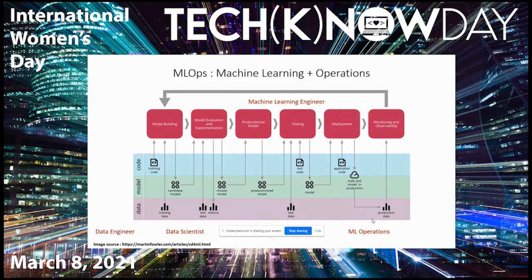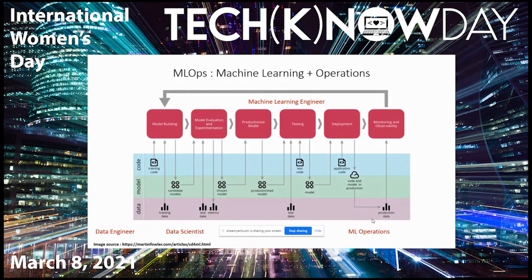If you see here, you have the artifacts, data, model, and code spanning across the different blocks of the entire MLOps pipeline. We start with model building, where you version your code, and you also get the training data.